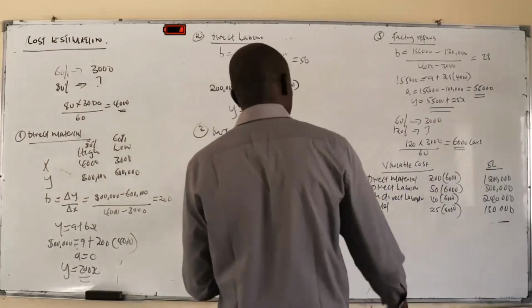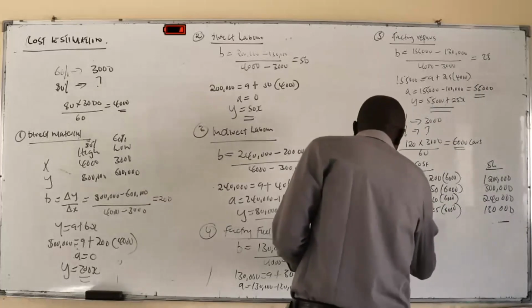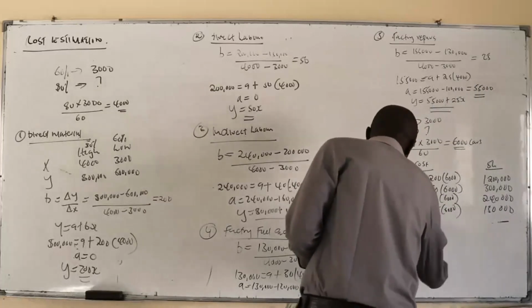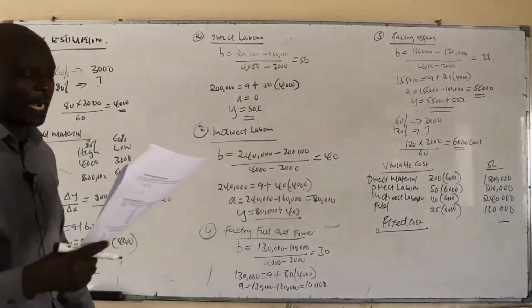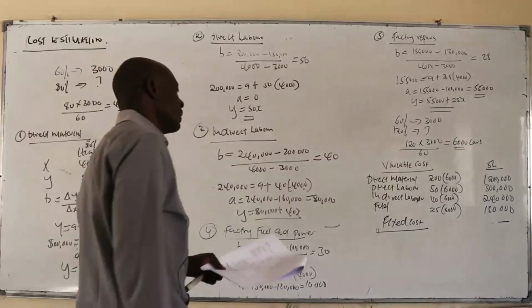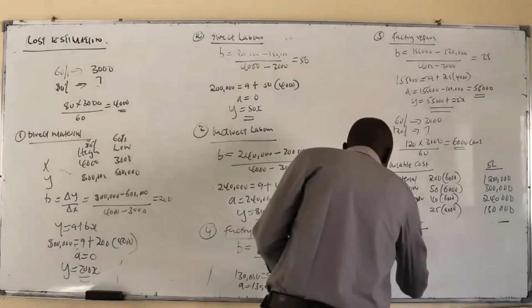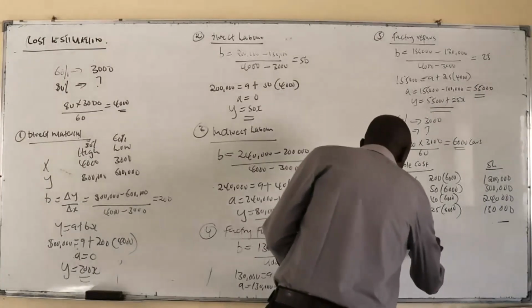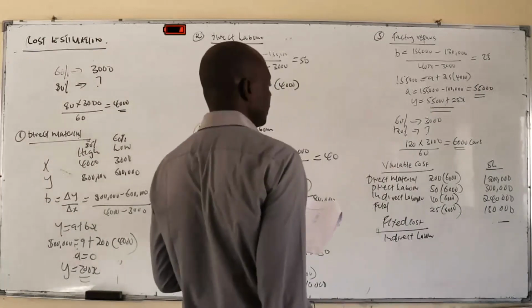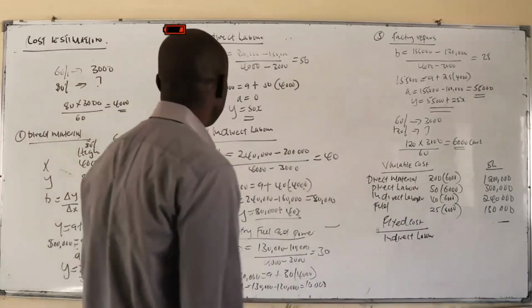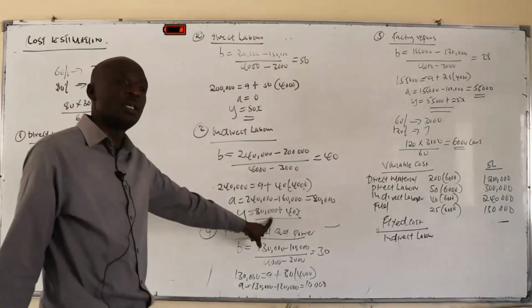Now we go to the fixed cost, those that had A. We have indirect labor. Indirect labor was how much? 80,000, isn't it? The fixed component was 80.